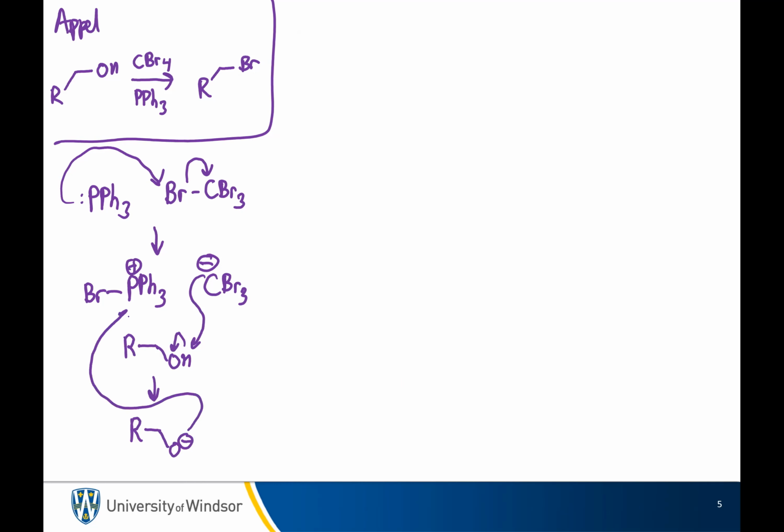Now we get the same chemistry we saw just earlier with the Garegg iodination. Exactly the same thing, except now our halogen is bromide.